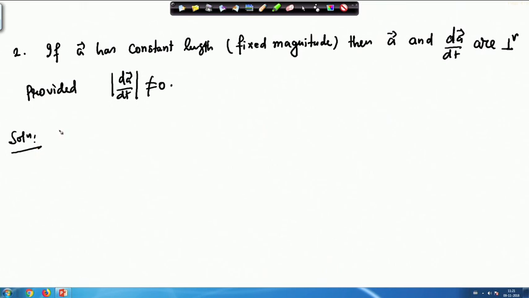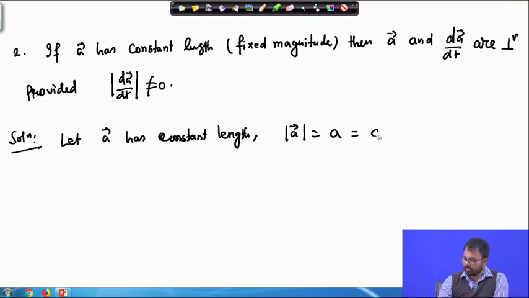So, let us start with the fact that a has constant length. If a has constant length, what does that mean? The absolute value of a equals some a, where a is a non-negative real number, and that is basically a constant.